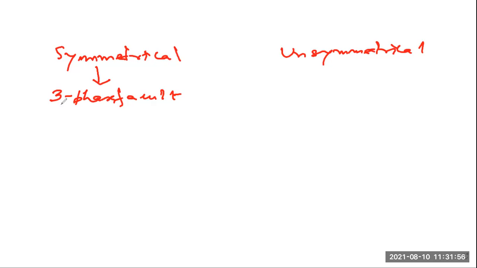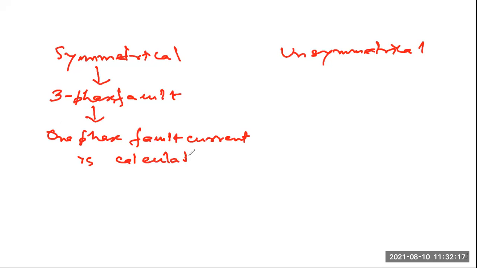So when we are calculating the current, we are supposed to calculate the current in one phase. The one-phase fault current is calculated, and it remains the same for the other phases.